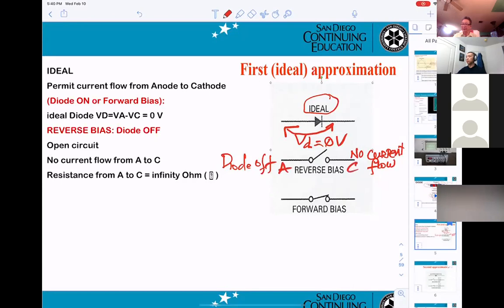Mr. Pham, question. Can there be the slightest small leakage from A to C? Only in a real diode, not an ideal diode. In general, there is a slight leakage, correct?